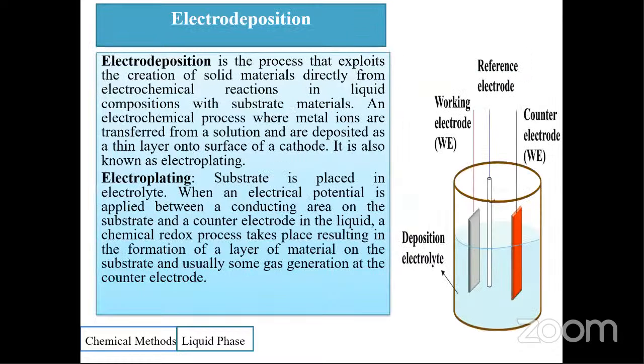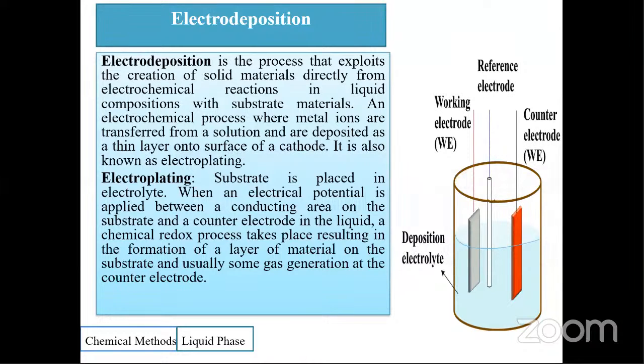Then the electrodeposition, basically it is also known as electroplating, and nowadays all of us know artificial jewelry which is available in the market, that is made with the help of electroplating. So the principle is simple. We have two electrodes.